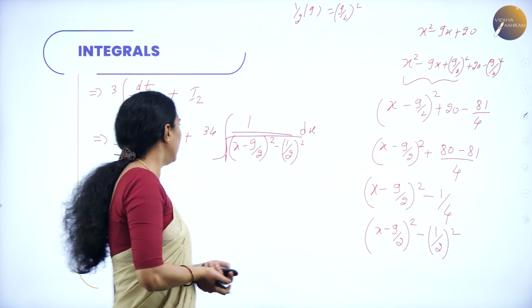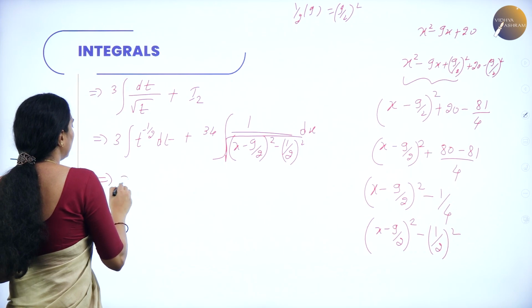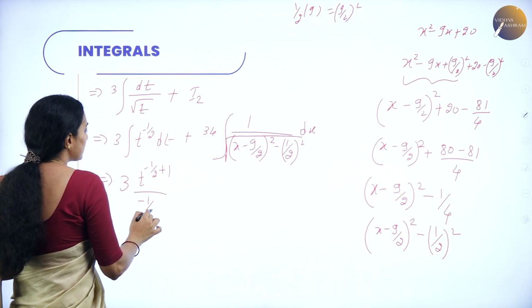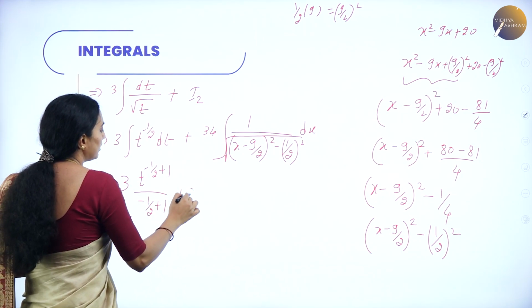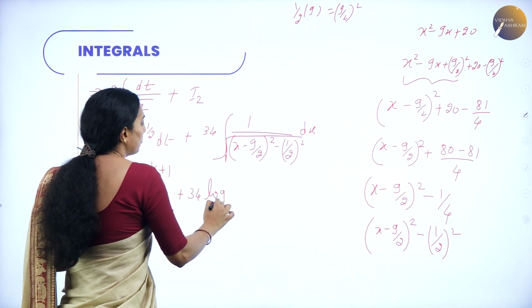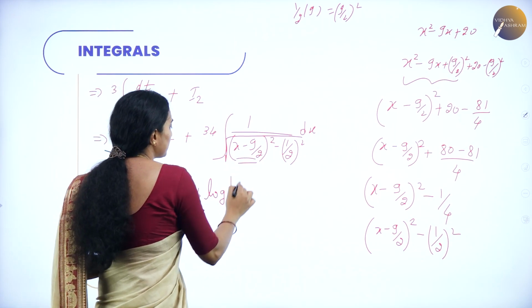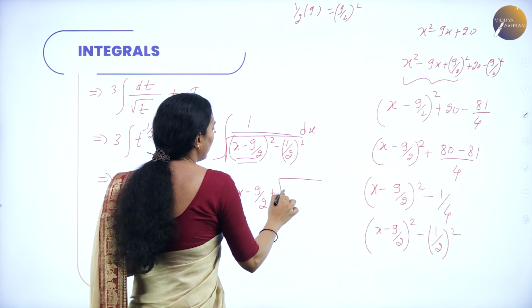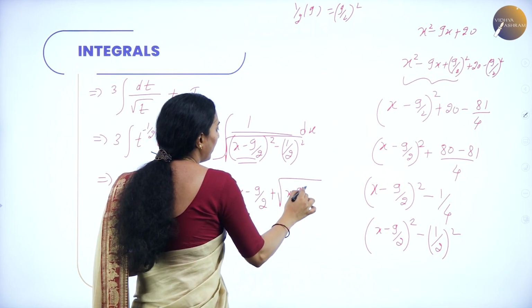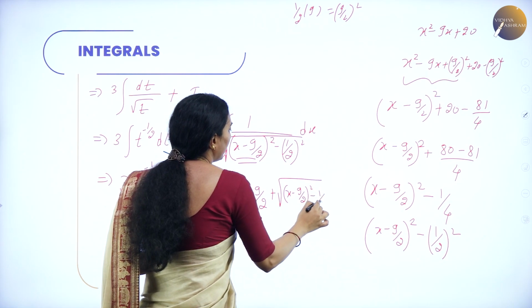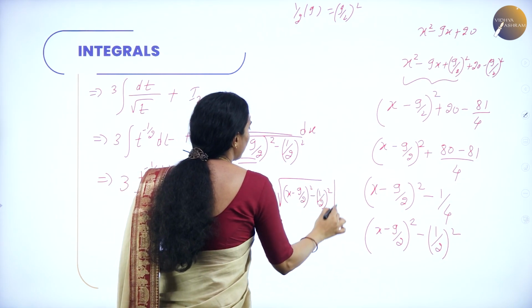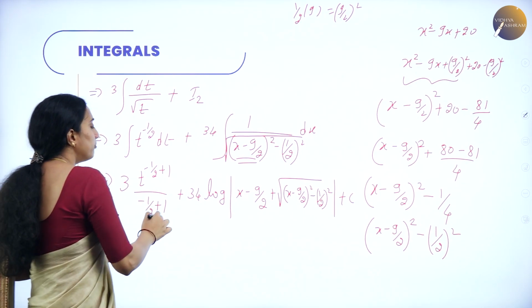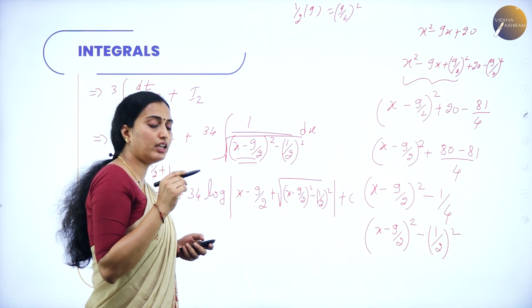So writing accordingly, you are going to get 3 into t to the power of minus half plus 1 divided by minus half plus 1, plus 34 into log of modulus of x, where x is replaced by x minus 9 by 2, plus under the root of x minus 9 by 2 whole square minus a squared. If you reduce, you are going back to the same form, plus c. Now minus half plus 1 is nothing but 1 by 2.